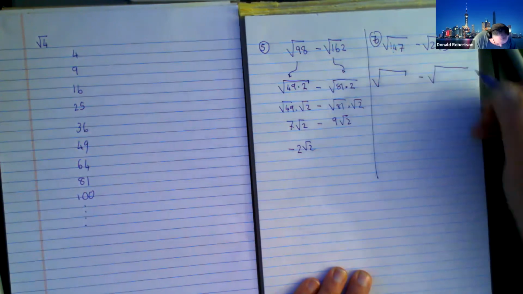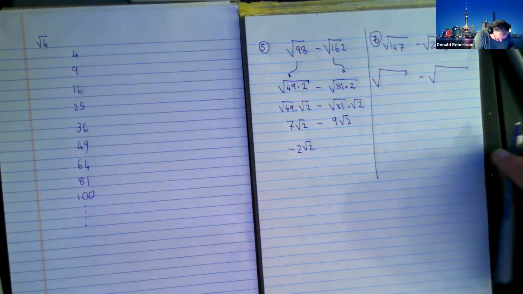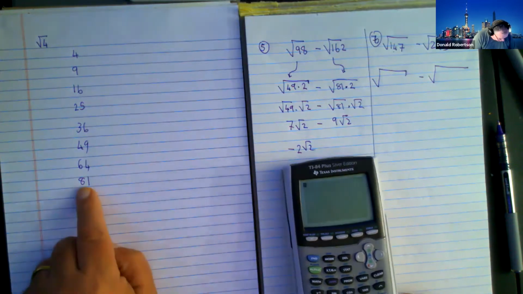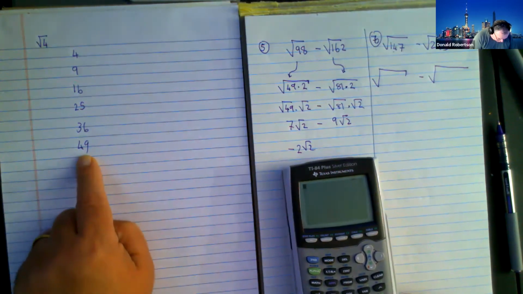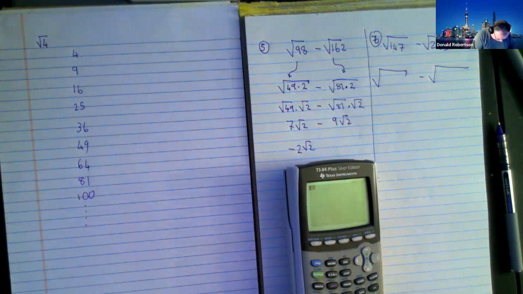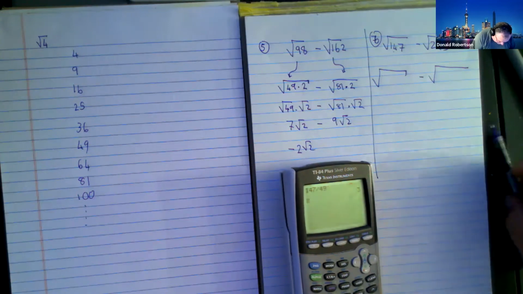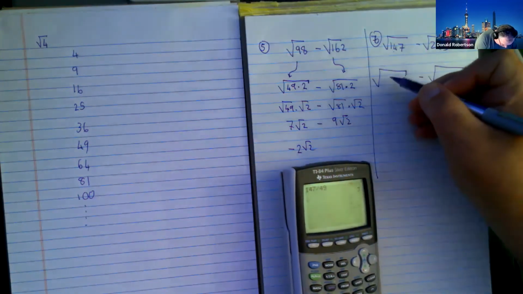Right, 147. Could it work with 81? I'm pretty sure it doesn't. 64, I'm pretty sure it doesn't. It might work with 49, I think it does. So 147, if you divide it by 49, you get the answer 3, so it does.